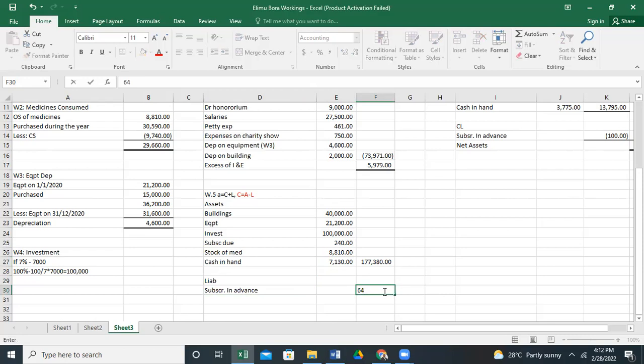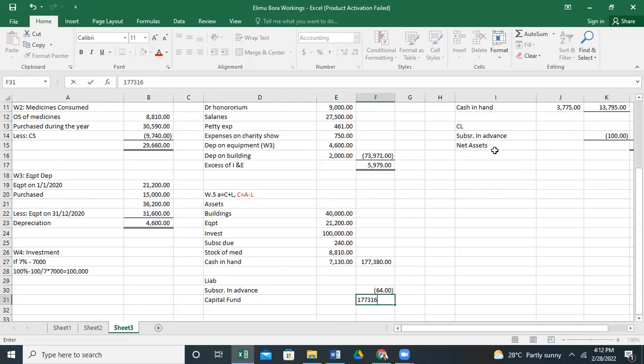So this should be a deduction. Let me put it in brackets. So what I'll get here is the figure for the capital fund. My capital fund is 177,316.